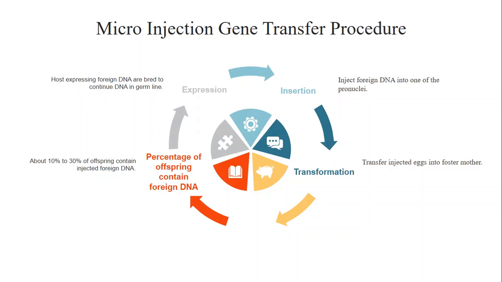The third step is to calculate the percentage of offspring containing foreign DNA; approximately 10 to 30% of the offspring contain foreign DNA through this technique. And the fourth one is expression: how the gene works in the organism, and whether the results are perfect or not.